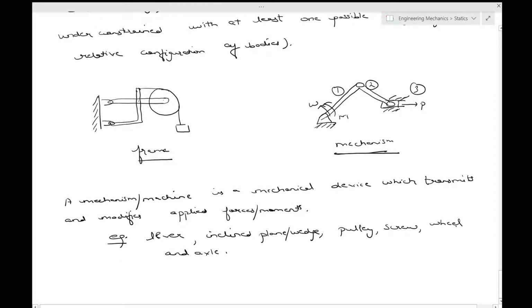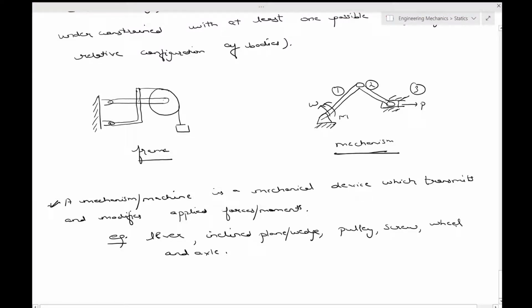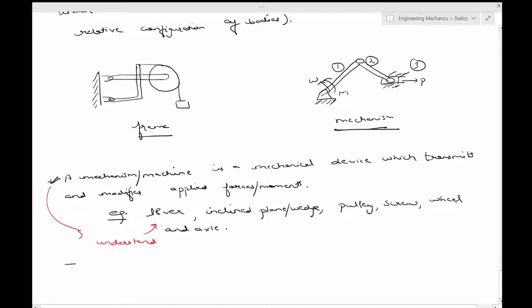So please check up some sort of an internet video, etc., to ensure that each of the 5 names which I have written over here are mechanisms, and what they do is they transmit and modify the applied force or moment. So make sure that you exactly understand this part of modifying the applied forces and moments in all of them. So these 5 are called simple machines.